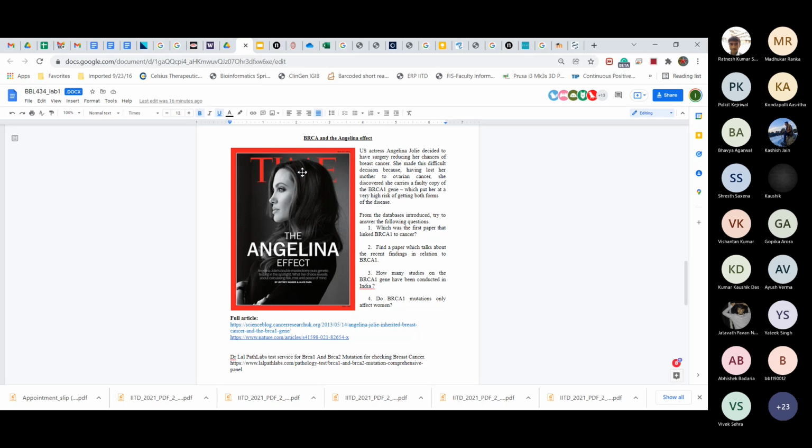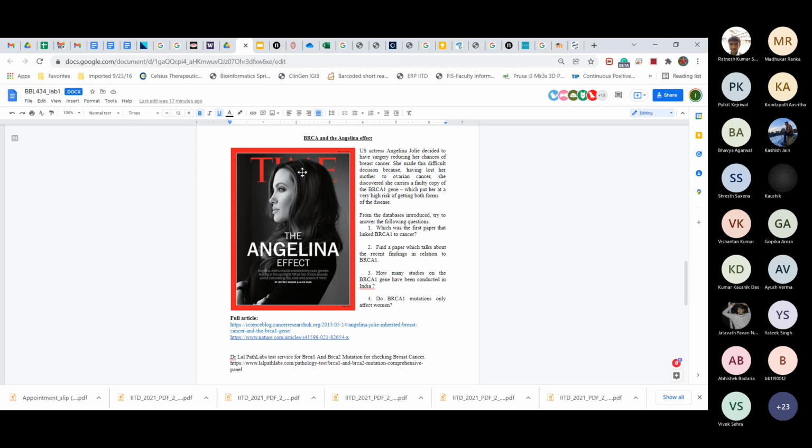Now we'll go to the first exercise of the lab today. It's sort of a pop culture exercise, along with trying to understand how to find information about things that you would probably read in a newspaper or magazine article. A famous US actress, Angelina Jolie, had what's called a preventive mastectomy, where she got a reconstructive breast surgery because she and her family had mutations associated with breast cancer.